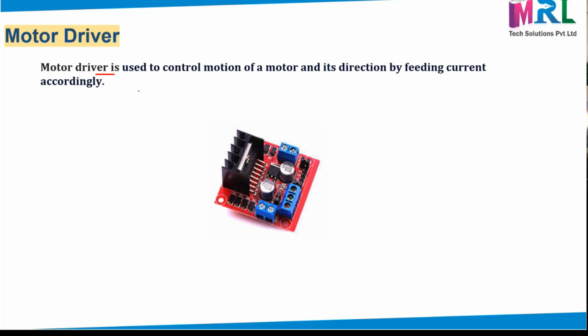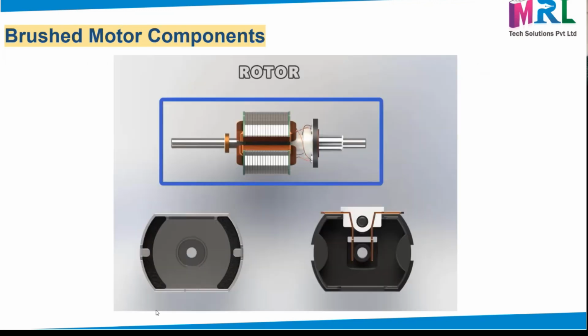Write down the function of the motor driver: it is used to control the speed of the motor and its direction, forward or backward, left or right. For that we need one driver, called the motor driver. So keep that in mind.